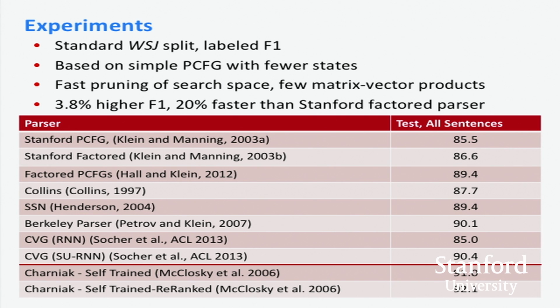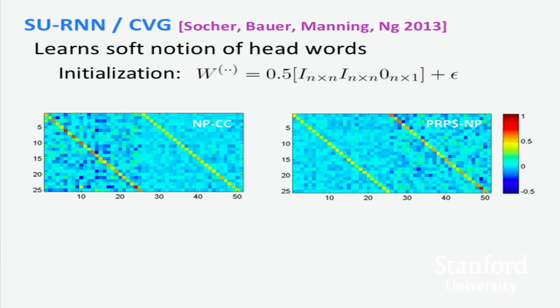And that's just something that by itself, the context-free grammar isn't giving you at all. And there are some neat things that you can see out of that. One of the neat things is that you can observe how the soft grammar learns notions of where the information is, and so what the head words of phrases are.